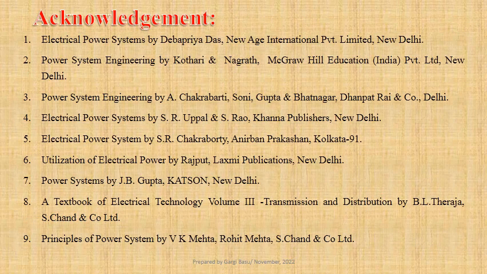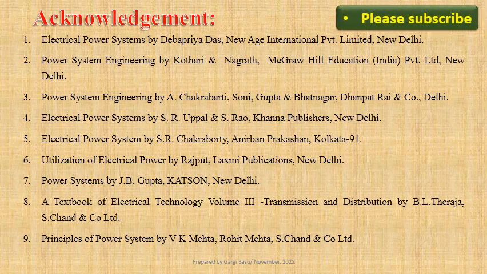So today we have solved one numerical problem on three-phase medium length transmission line. By solving this problem, we have learned how to determine generalized constants A, B, C and D of a three-phase medium length transmission line based on its nominal T equivalent circuit when values of transmission line parameters are given.